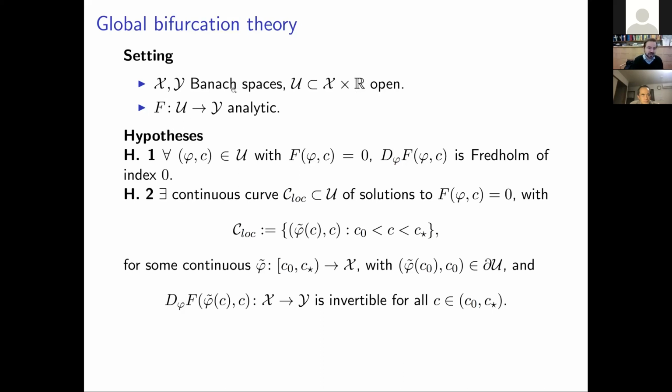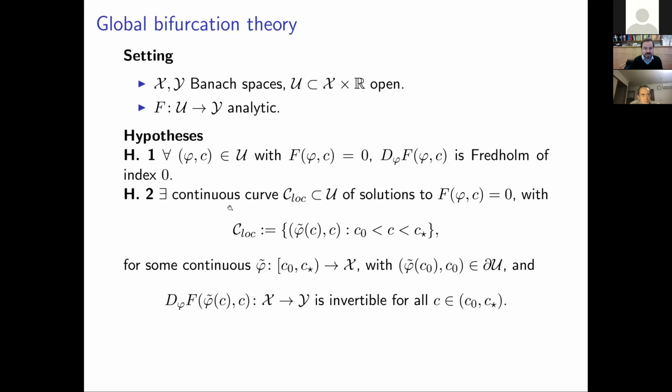As I said, it is based on analytic bifurcation theory, so the nonlinear operator is assumed to be analytic. The hypotheses are: the linearization of the operator at the solution is Fredholm of index 0. That is one main hypothesis.